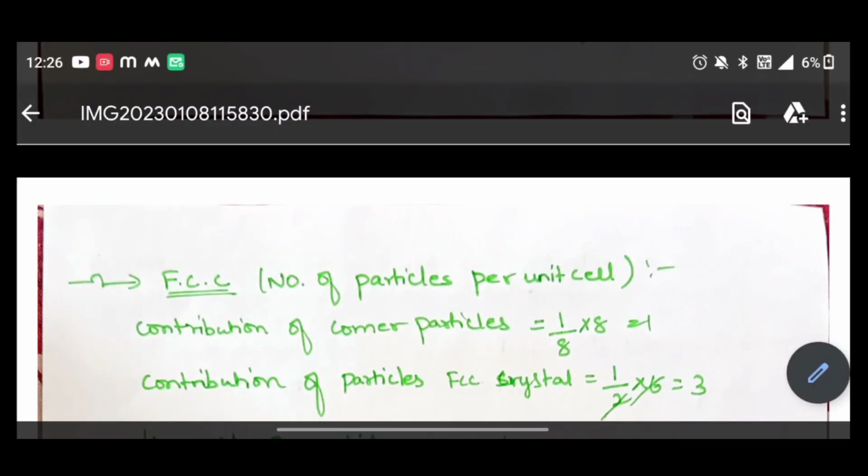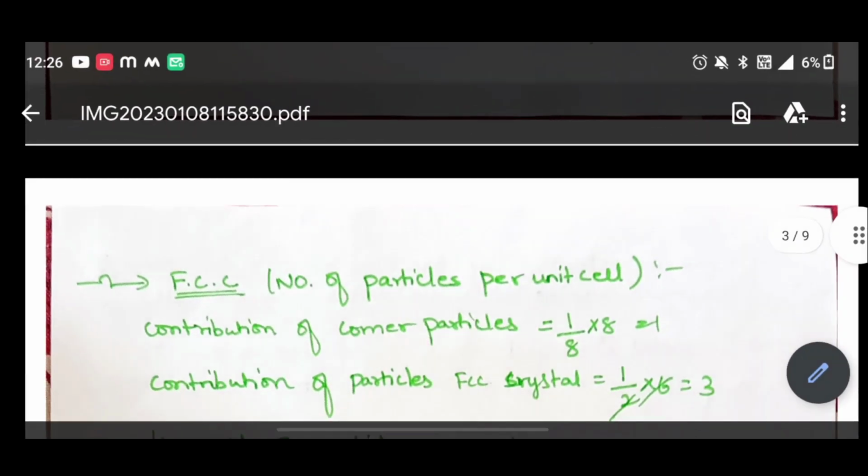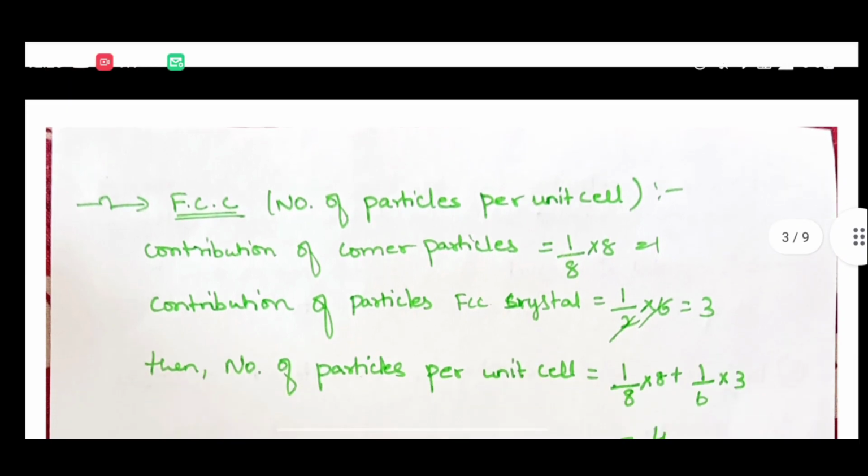In FCC, the number of particles per unit cell: the constituent particles, or lattice points, whatever you want to call them, are present at the corners plus at the center of each of the 6 faces. The contribution of the corner particles is 1 by 8 into the number of vertices.